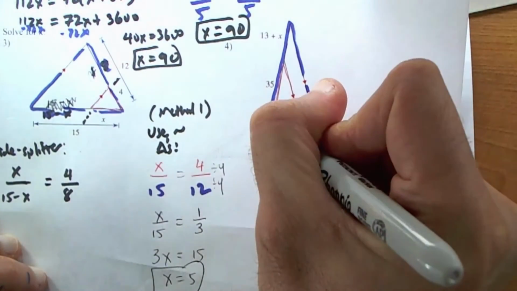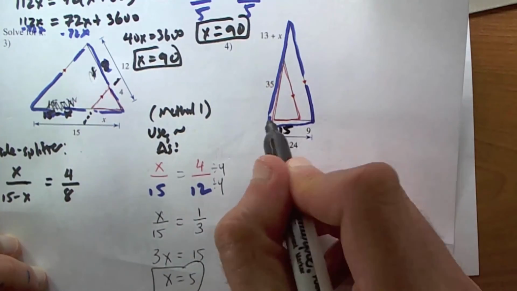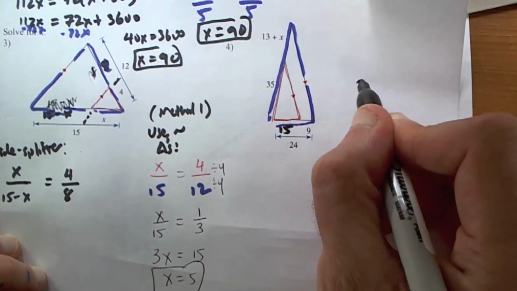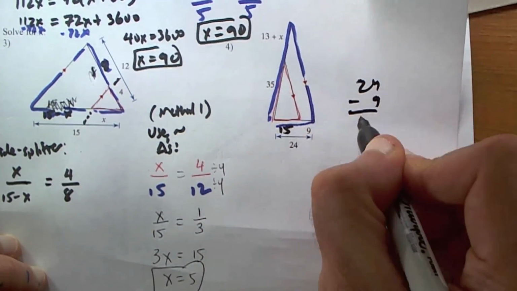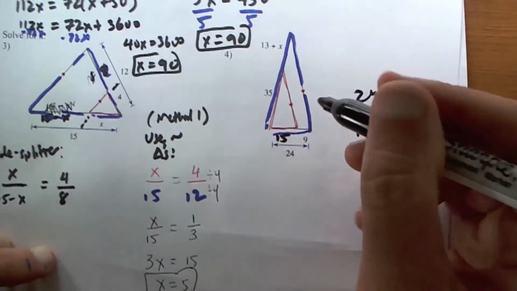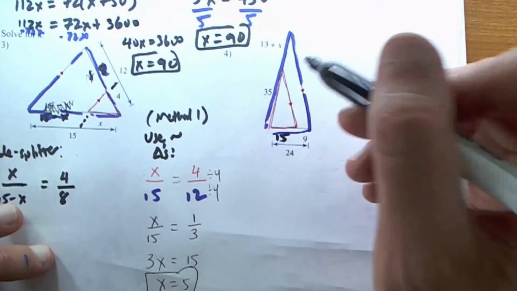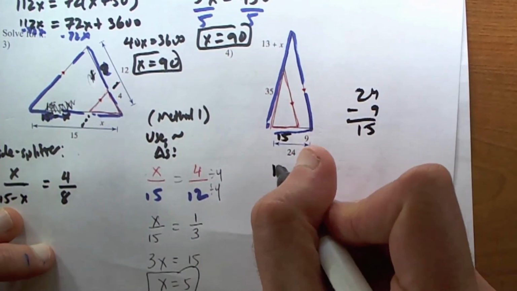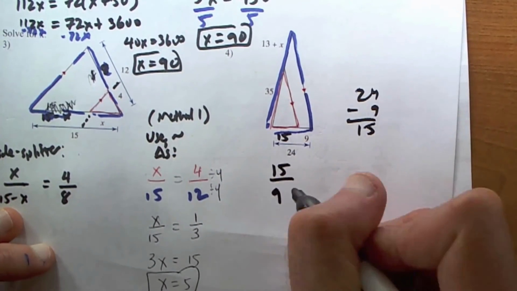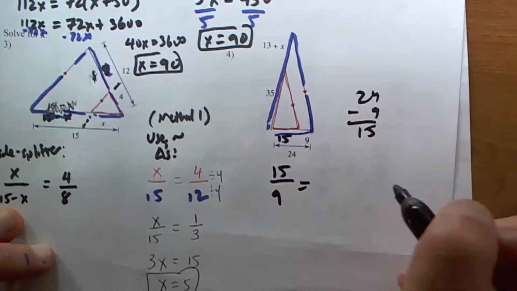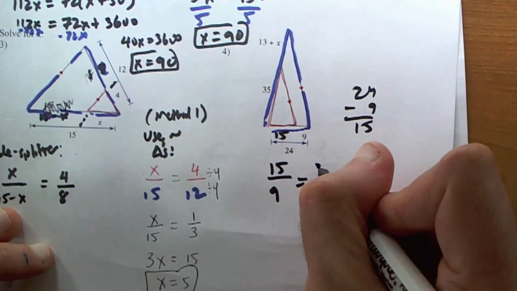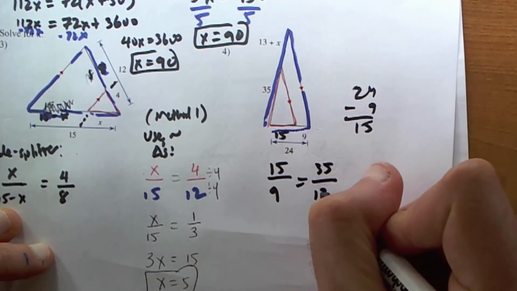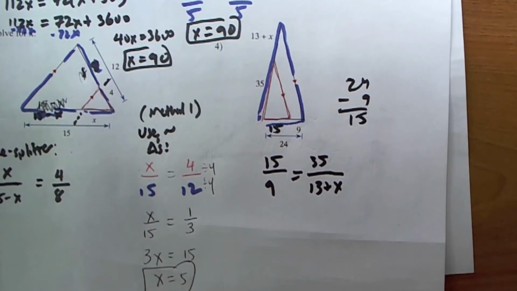This is 9. So this would have to be 15, right? 24 minus 9 is 15. Okay, and these are already filled in, so I'm good. So I could just use the side splitter and say 15 over 9. This to this is the same ratio as 35 is to 13 plus x.